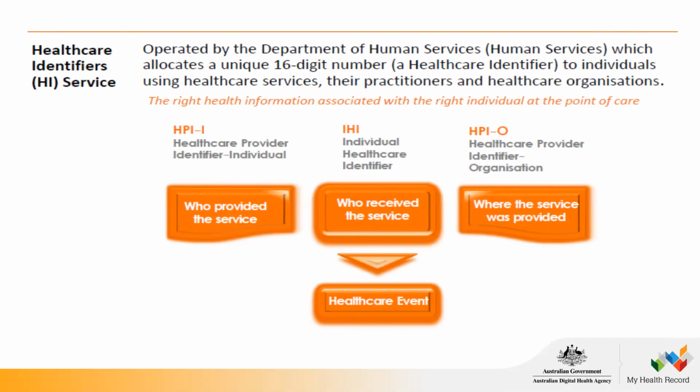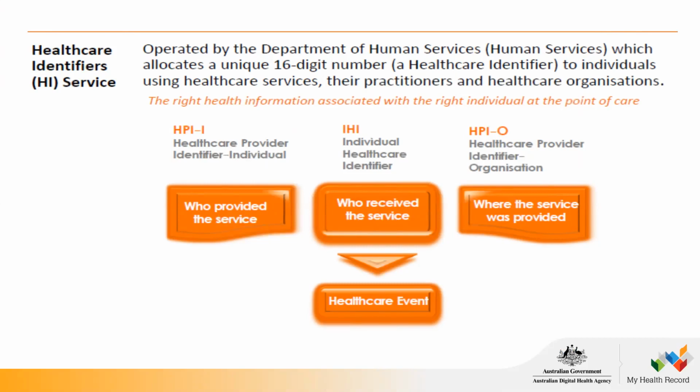The organisation where the service was provided, obviously generally that's going to be your particular medical practice in this situation. So that organisation needs to be registered and has its own identification number. That's known as an HPIO, the Healthcare Provider Identifier Organisation.